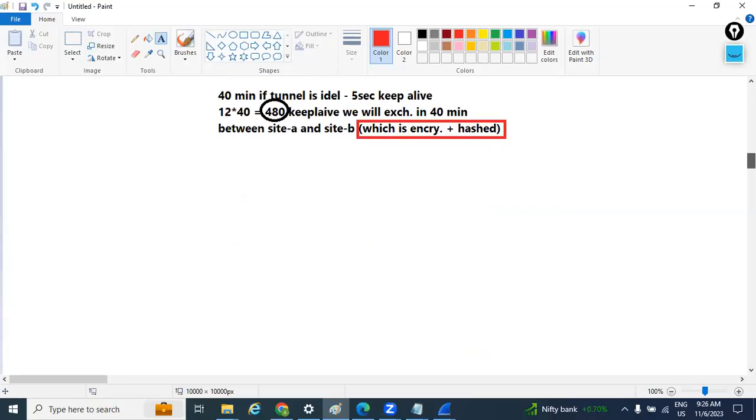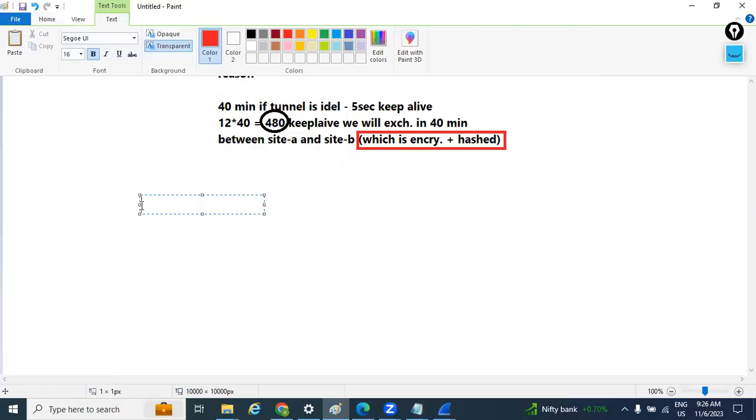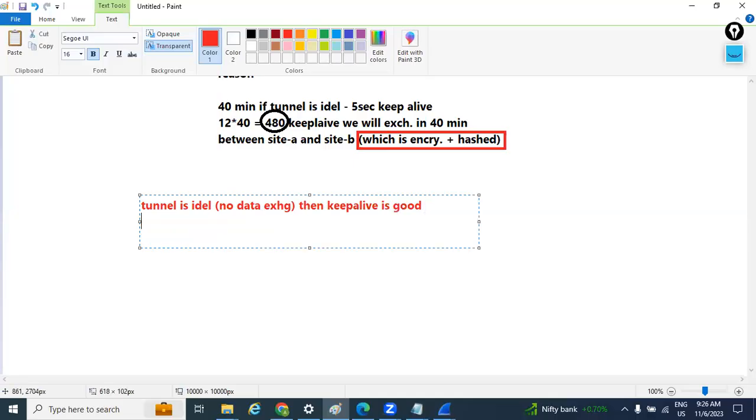So the good scenario is this: if the tunnel is idle, meaning no data exchange, then keep alive is good. Okay, but in case number 2, we are exchanging the data, and along with that we are exchanging keep alives.